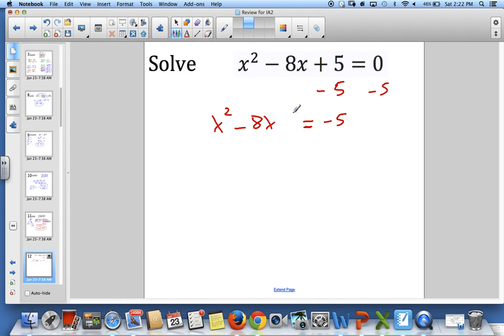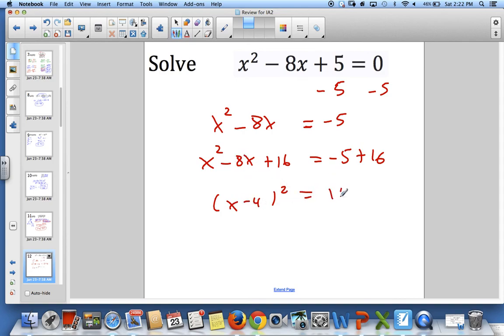Now we've got to figure out what goes here, which is going to be half of this number squared. So x squared minus 8x, half of 8 is 4. 4 squared is 16, so plus 16 equals negative 5 plus 16. So that's the next step. Then this becomes x minus 4 squared, half of this number is what goes here.